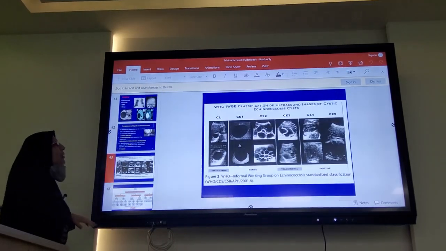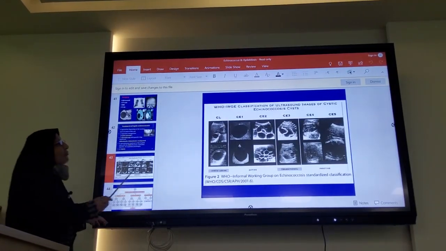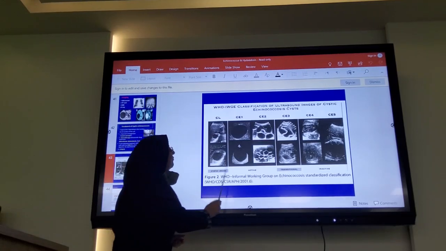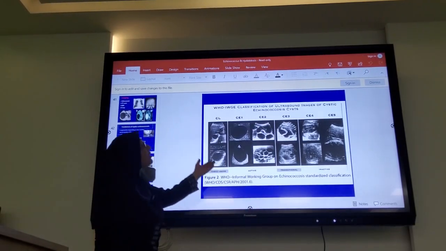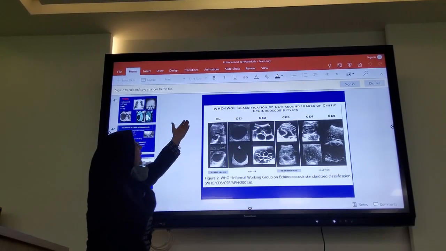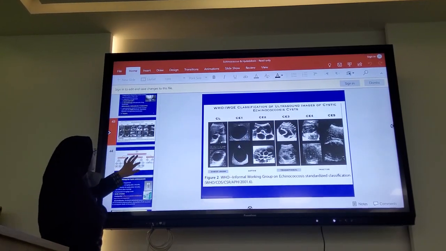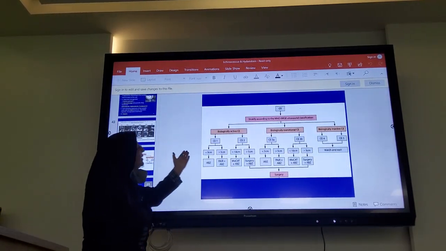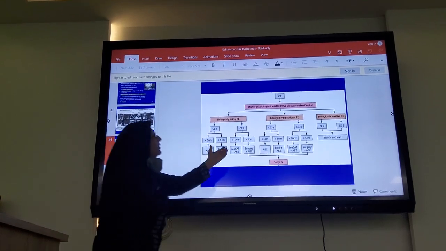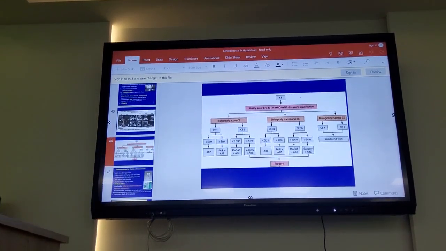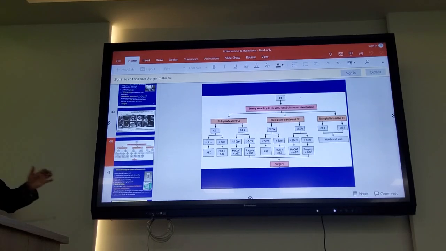Based on the result of the sonography, the World Health Organization divides the cysts and names them C1, C2, and so on, and says you need to consider one of these strategies for the treatment: either watch and wait, surgery, chemotherapy, or PAIR.